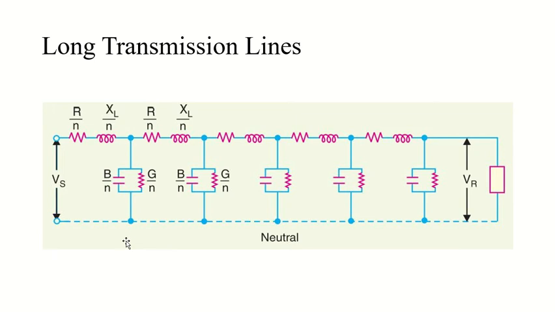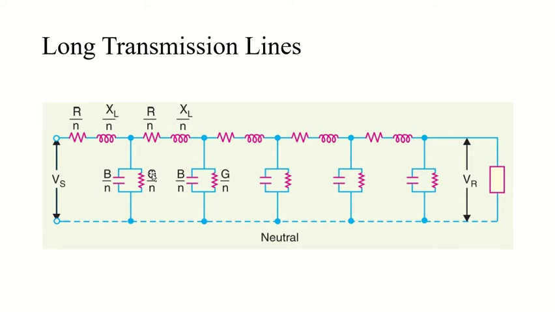And in the same way, the leakage conductance G takes into account the energy loss which occurs through leakage over the insulator, or there is an effect which is called the corona effect.